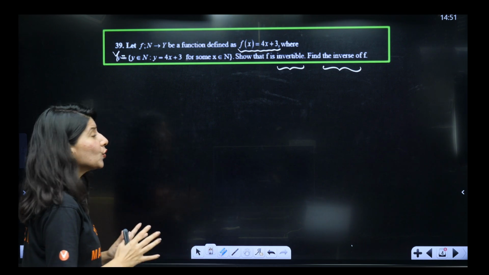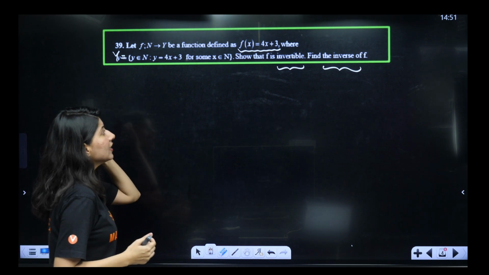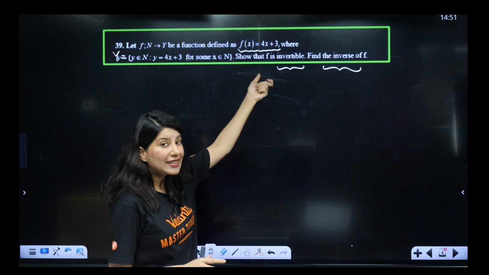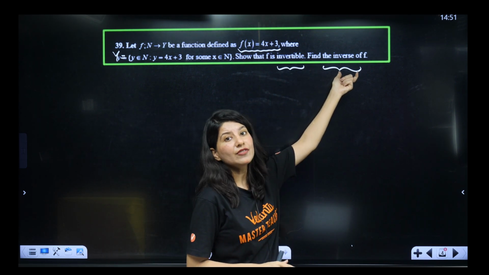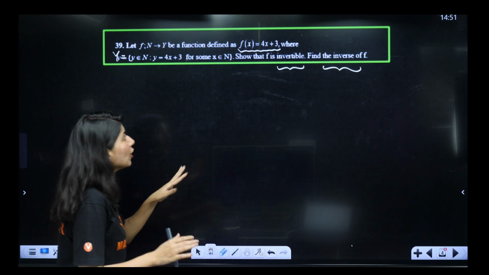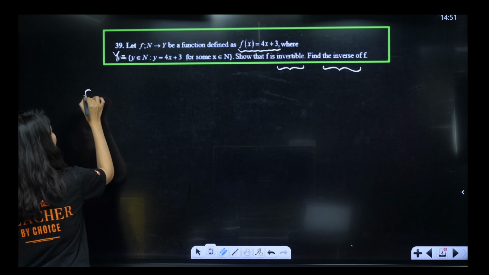I'll show you how to solve this question. First of all, we need to show that f is invertible. We work on this first, and after we are done with this, we work on the second part.